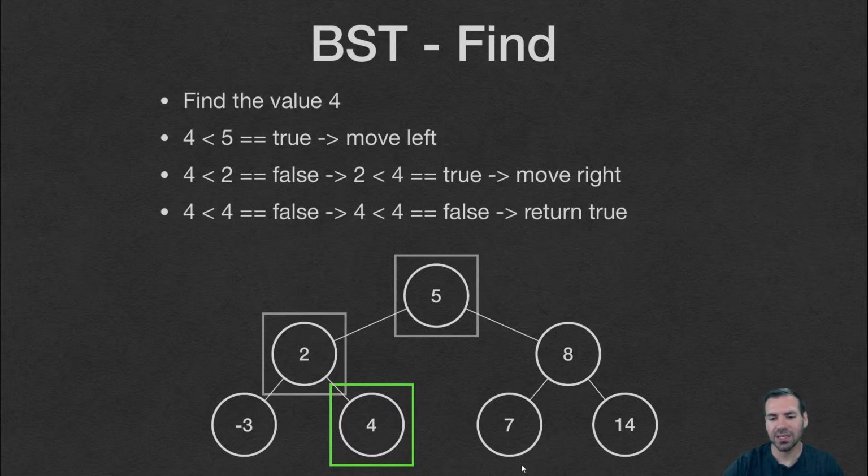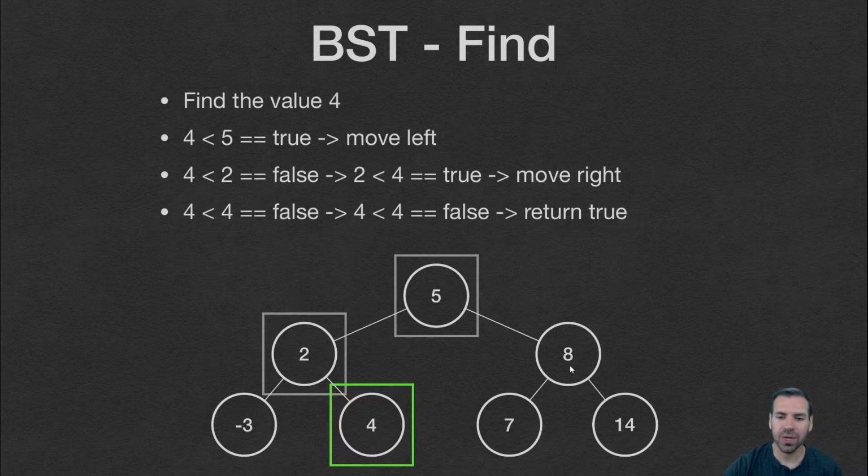Because there's no other place that you can put 6 in this entire tree that's going to maintain the property of a BST. So if we didn't find 6 right here, 6 ain't there. 6 is not in this tree anywhere. But the important part is how much we didn't do. We didn't check any of these nodes. We didn't check this node.